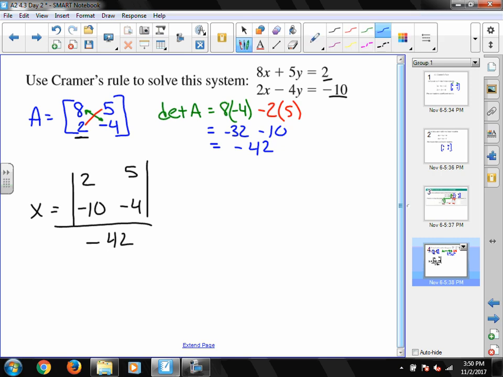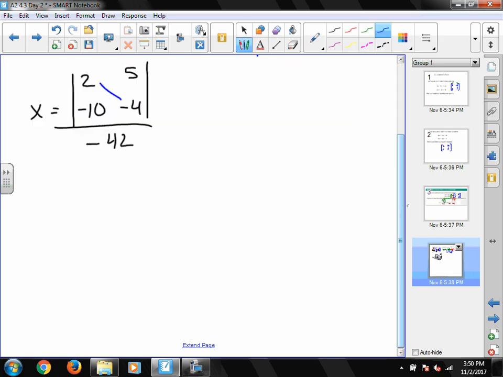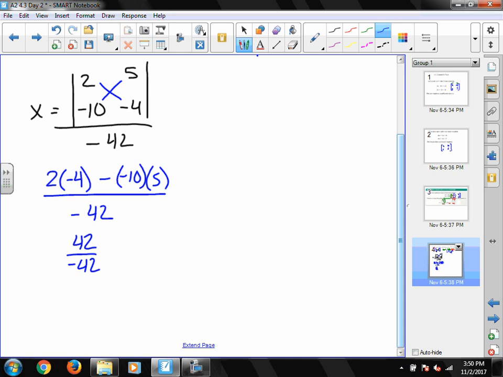Calculate that determinant. I'm going to get 2 times negative 4 minus negative 10 times 5, all divided by negative 42. 2 times negative 4 is negative 8, minus a negative 50 gives me a positive 42, divided by a negative 42, which will simplify to negative 1. So that's what x is equal to.